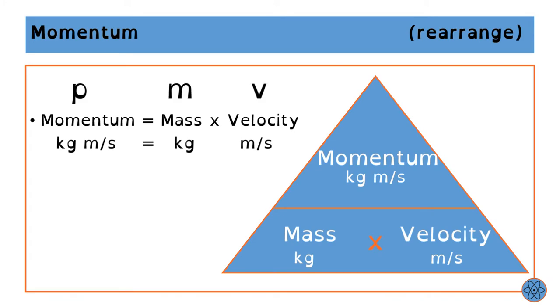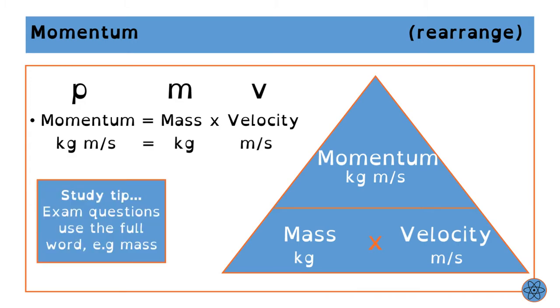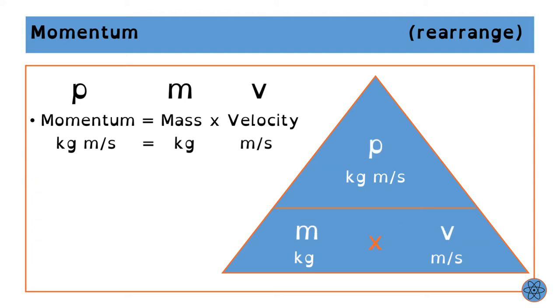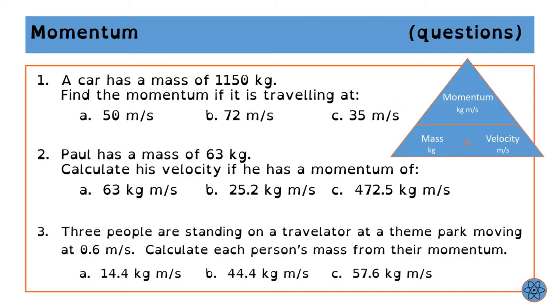As I mentioned earlier, some people like to know the symbols P, M, and V, but as another study tip, in exam questions you will never be asked for P, M, or V. They will always use the full words momentum, mass, and velocity. They'll never use shorthand. However, some people like to remember the symbols, and it would look like this. So now is a good time to start looking at some questions.